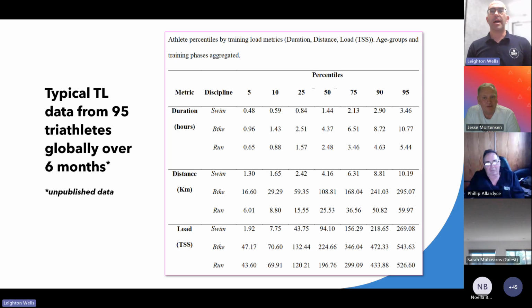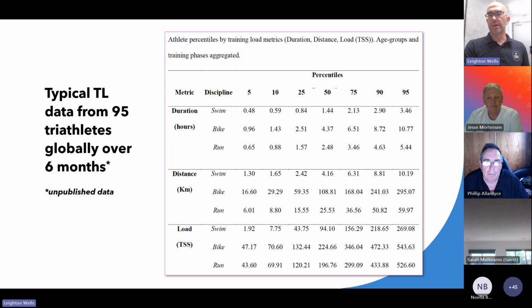Great questions. Yes, we did. Other tables and other discussions in this paper address age groups specifically and address sex specifically. Again, I'm giving you a sneak peek of the data. I won't talk about the specific findings because they need to go through a process before it's published.